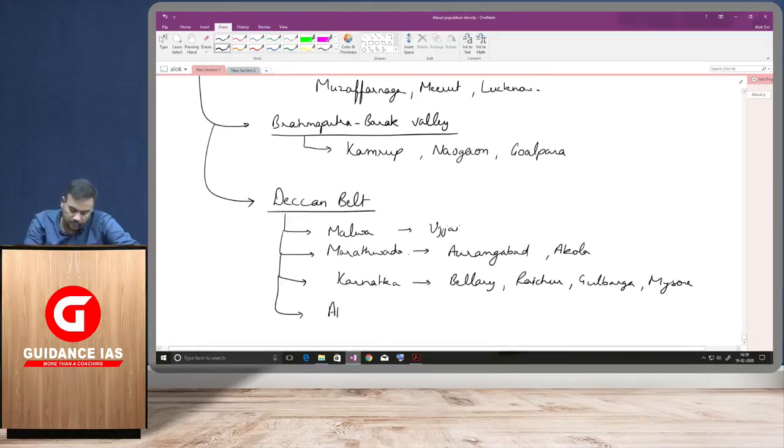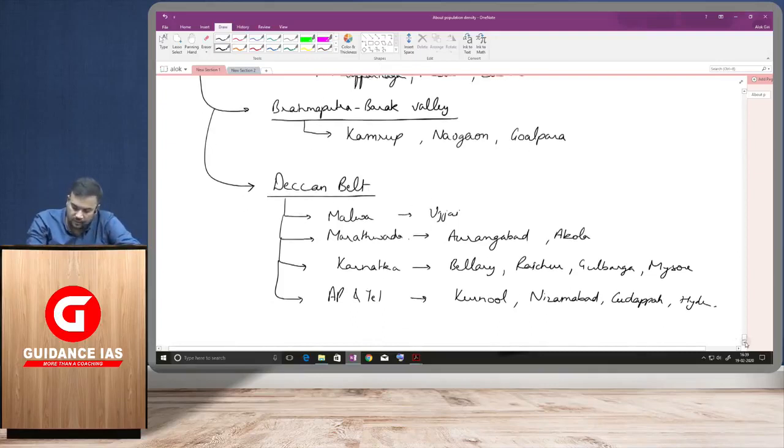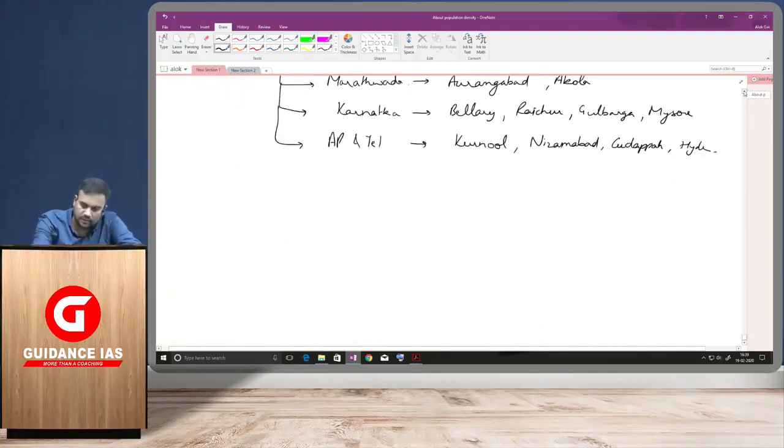Then Andhra Pradesh and Telangana, a number of areas like Kurnool, Nizamabad, Kudappa, Hyderabad. So in several places the concentration was found to be higher. So this is one type of area.